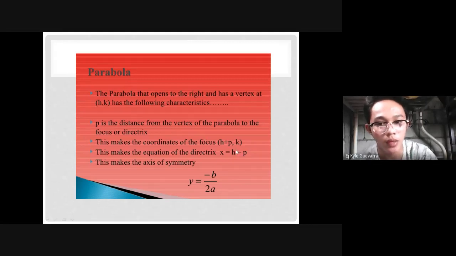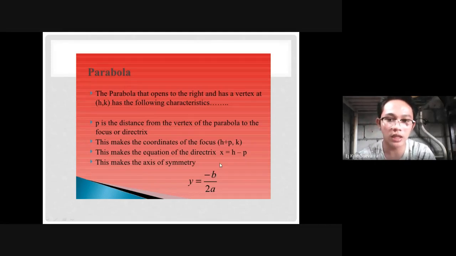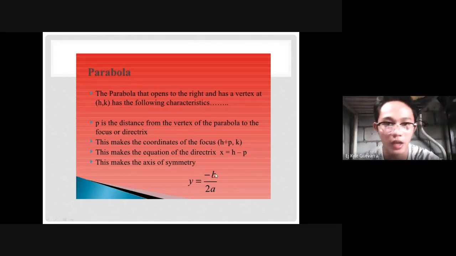Sabihin, ma-minus nyo yung value ng h sa value ng p para makuha nyo yung directrix at makapag-draw kayo ng line. Next is the axis of symmetry is equal to y is equal to negative b over 2a. May value yan. Lalagyan nyo ng value yan. Ano bang value ng b dyan at ng a dito para mahanap nyo yung axis of symmetry natin.